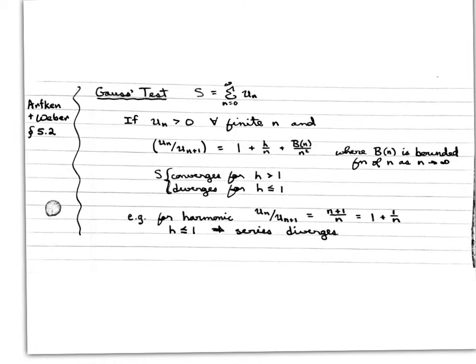So it's as though we had a b of n that was equal to 0. And 0 is pretty bounded. So this condition is met. And we notice that, in fact, our h is simply 1. Well, h less than or equal to 1 tells us that our series diverges.